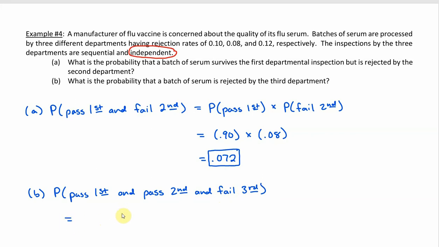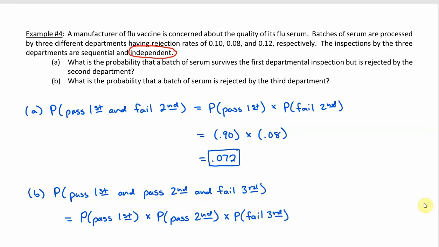So we can write this as a product of 3 things this time, right? Since there are 3 components here. So we have the probability of pass first times the probability of pass second times the probability of fail third.